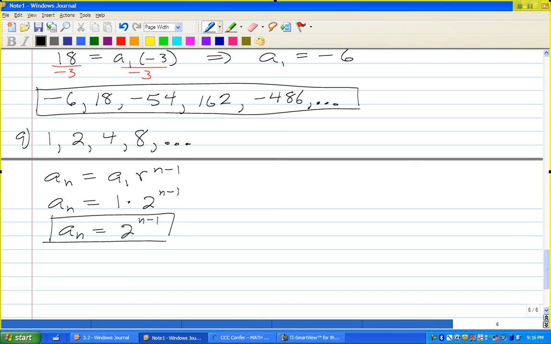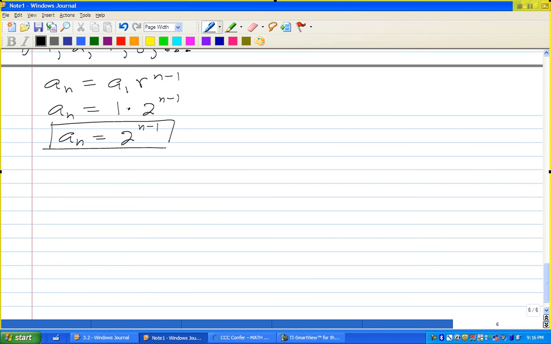11. 4, 12, 36, 108. So this is a geometric sequence.